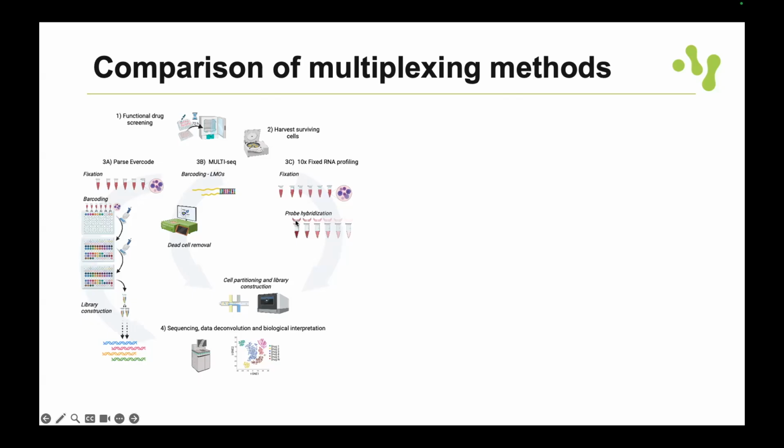So there are probes against all the 18,000 genes. They have designed probes for human or mouse. You can use these. They hybridize, and they actually also add a sample barcode in the probes. So you could multiplex up to 16 samples in each reaction here.